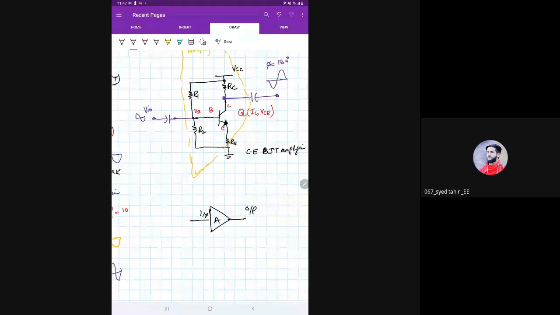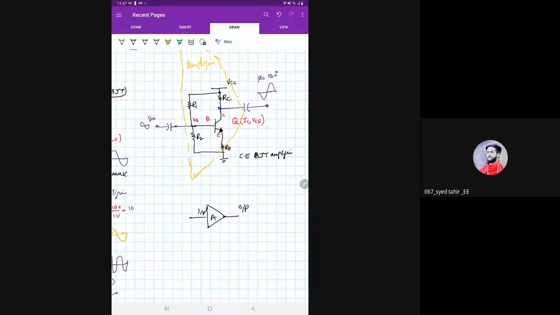Now see here, why do we apply this coupling capacitor? इसमें coupling capacitor क्यों लगाते हैं? Coupling capacitor इसलिए लगाते हैं because this VB, why are we applying VB? हम इसलिए अप्लाई करते हैं ताकि हम क्यूसेंट पॉइंट को फिक्स करें.